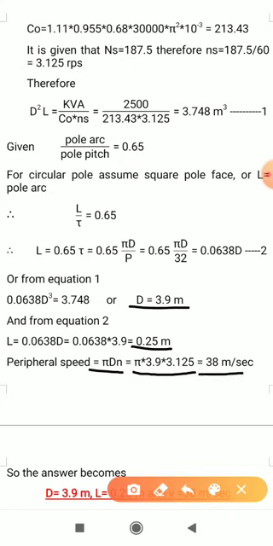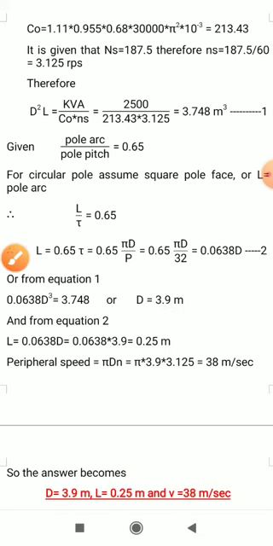And for the synchronous machine, I already discussed in the previous lecture that the allowable peripheral speed is 50 meter per second. So the calculated peripheral speed is below 50 meter per second, that is 38 meter per second. So the calculated values of the main dimensions d and L are acceptable.